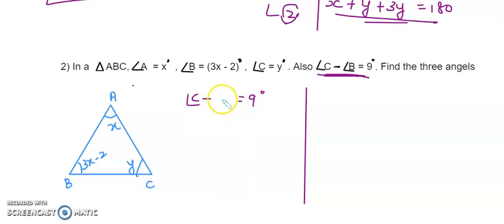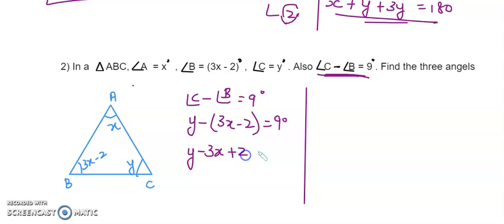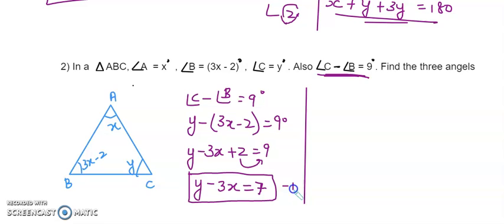Yes, it's Y. So y minus, what is my B? 3x minus 2, equals 9 degrees. Let's open this: y minus 3x plus 2 equals 9. I'm not going to put a degree, we'll say 9. Can I shift this 2 here? Will it be added or subtracted? Yes, subtracted. So 9 minus 2 gives me 7. So that's my first equation.